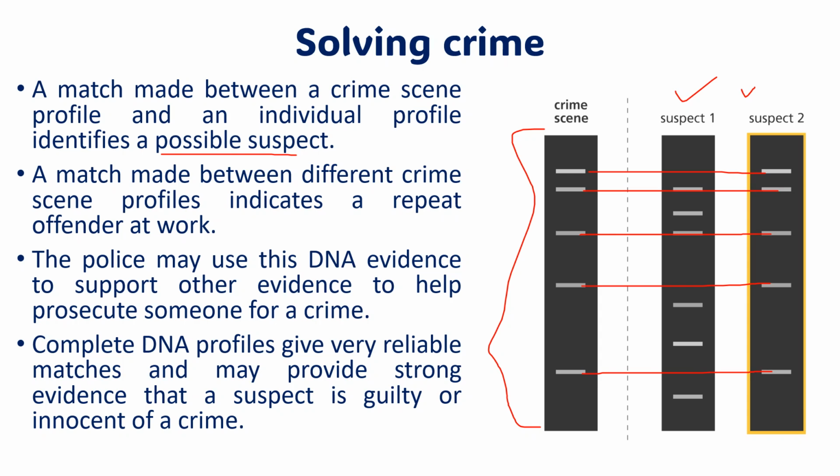You can see more and better matching with suspect 2. So in this case, suspect 2's sample is matching, so he is the culprit. A match between different crime profiles indicates a repeat offender at work. The police may use this DNA evidence to support other evidence to help prosecute someone for a crime.